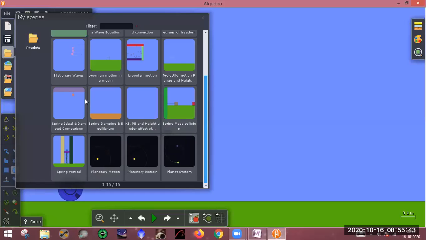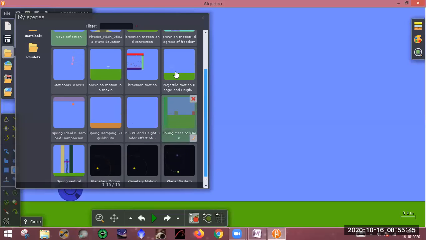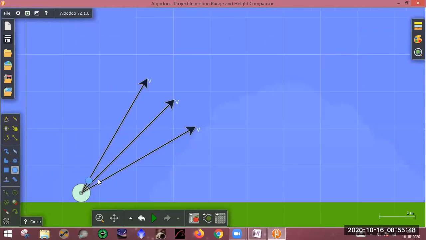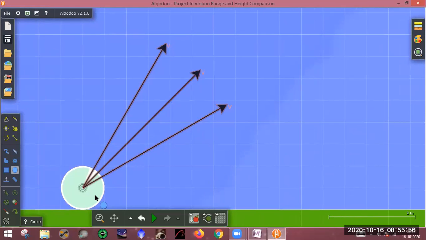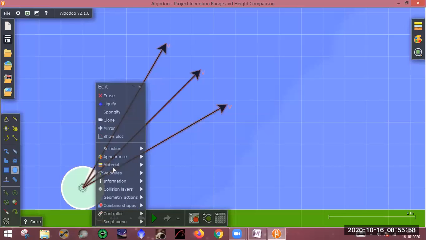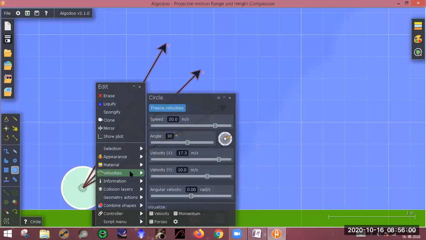If you throw it at 3 different angles like this with the same speed, I repeat, here I actually have 3 different objects. We are throwing these objects at 3 different angles. So this is at 30 degree, speed is 20 meter per second.